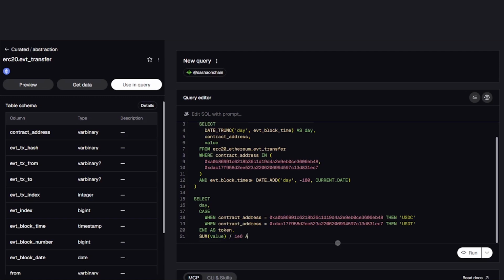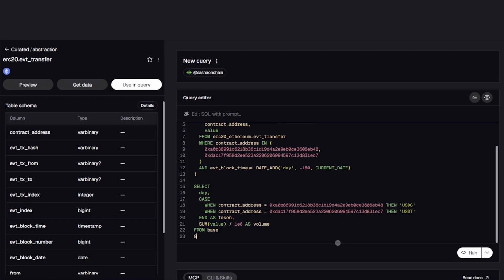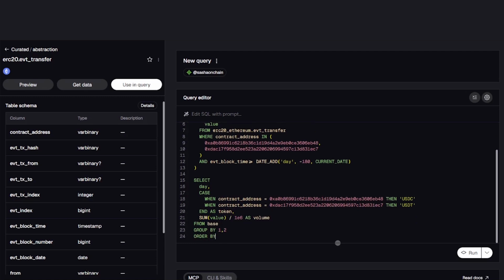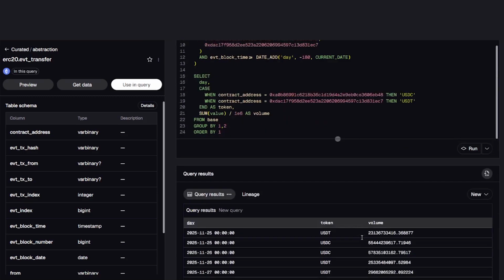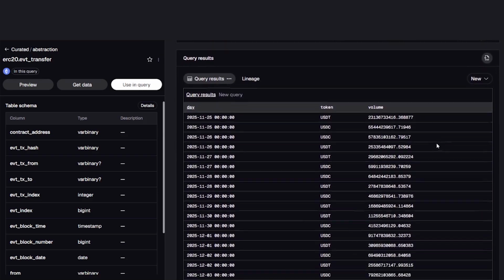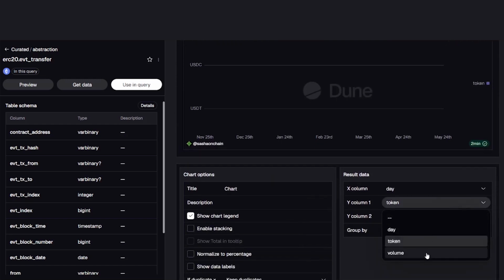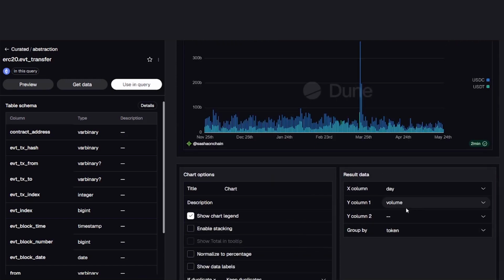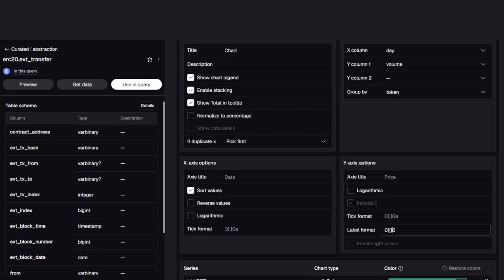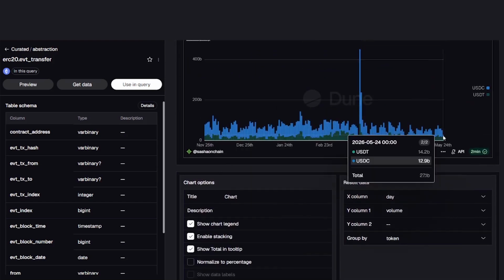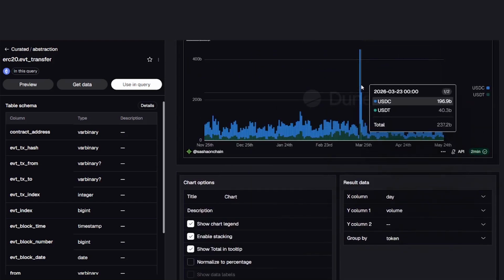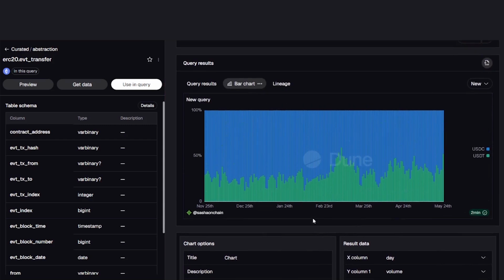So we normalize it by dividing by 1e6. Now we get daily volume per token. We visualize it as a bar chart. And reuse this structure across all metrics, only changing the y-axis. Looking at volume, USDC leads in total transferred value over this period.